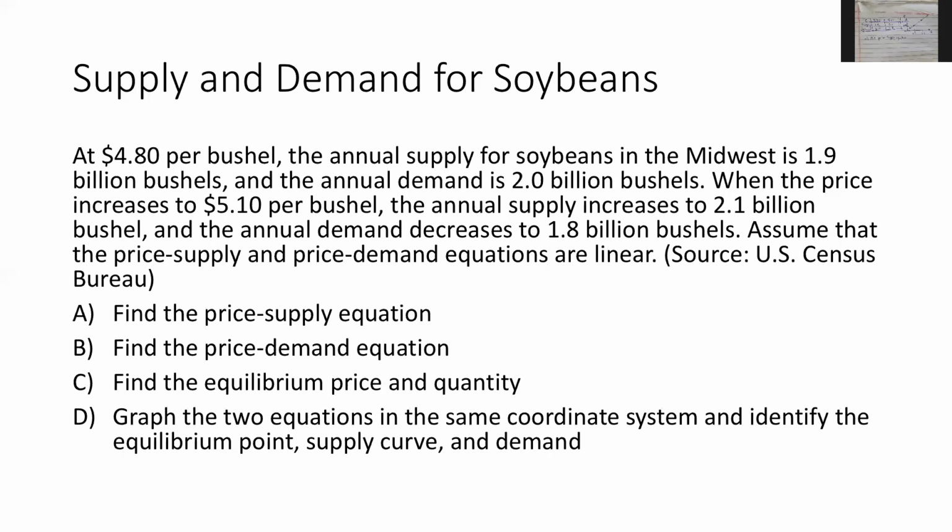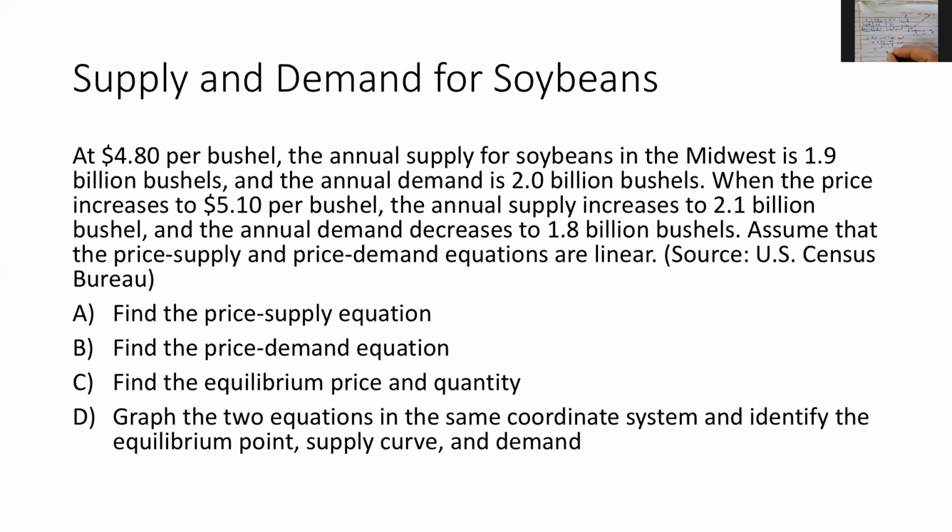But we need to come up with the equation for that line, right? So we need to come up with the slope. m is going to be equal to (5.10 minus 4.80) divided by (2.1 minus 1.9), which gives us 1.5 as our slope, a positive slope, which makes sense. That's what our line tells us. And now what we need to do is come up with our intercept.